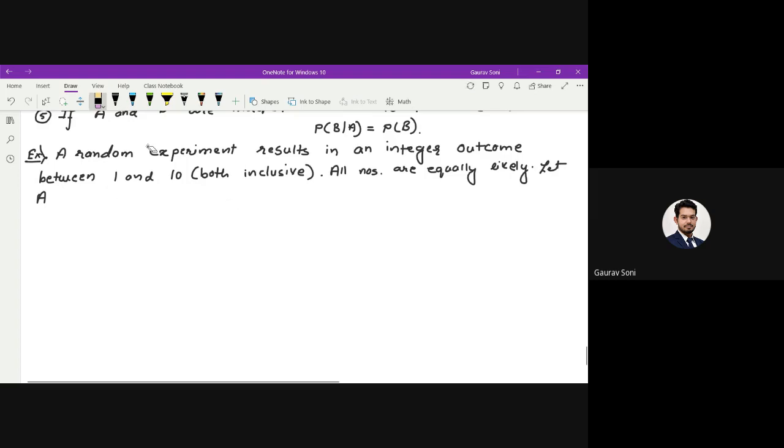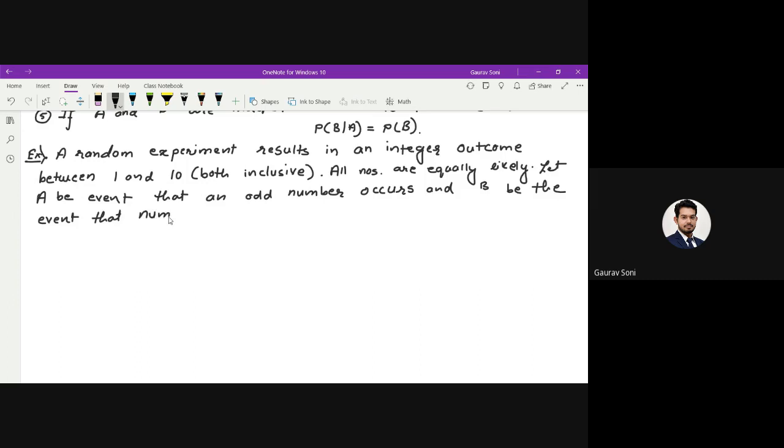Capital A be the event that an odd number occurs, and B be the event that a number divisible by 3 occurs.